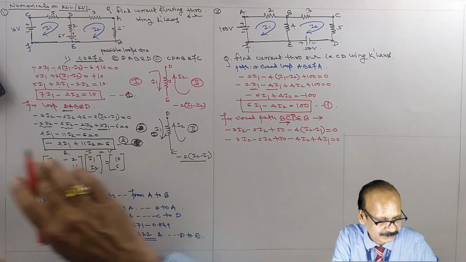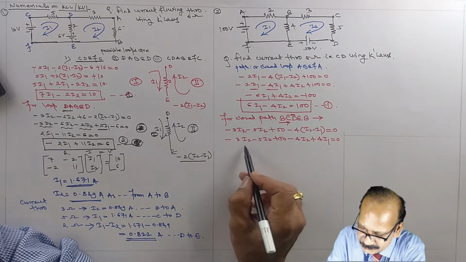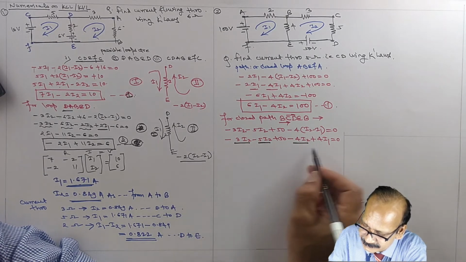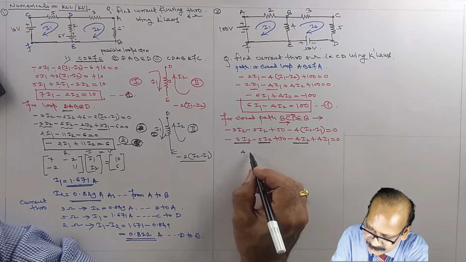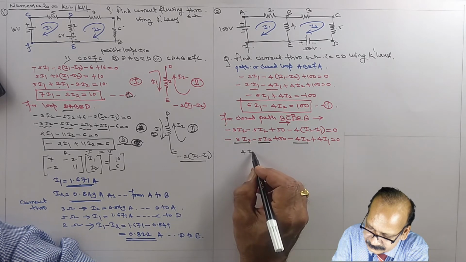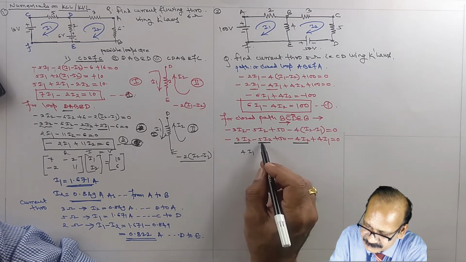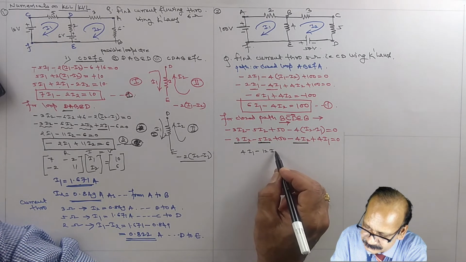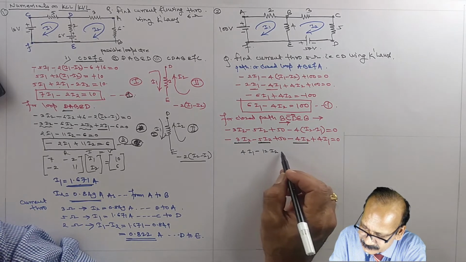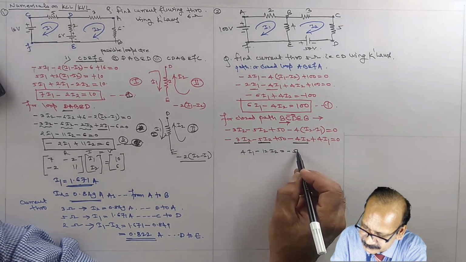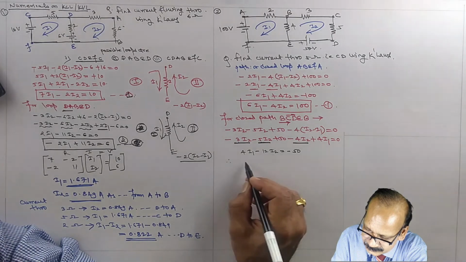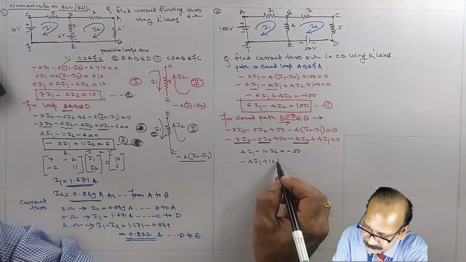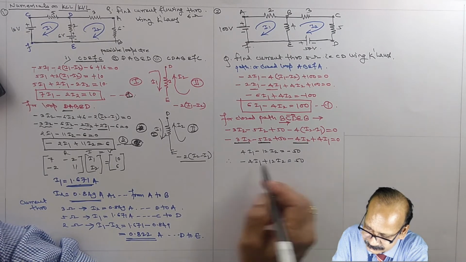Now club together all this: 3I2, 5I2 and 4I2, and this is plus 4I1. Then 3 plus 5, 8, plus 4, 12. So minus 12I2 equal to minus 50. Therefore minus 4I1 plus 12I2 equal to 50.